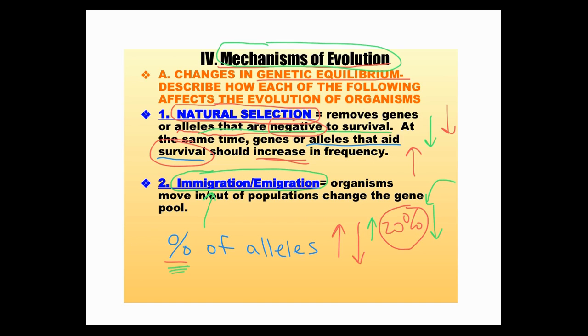So that would cause our frequency of blue eyes to go up in our classroom because of immigration. And the same thing could happen through emigration. Once those people from Sweden go back to Sweden, now our frequency of the blue-eyed allele will go back down. So immigration and emigration can also cause allele frequencies to go both up and down.